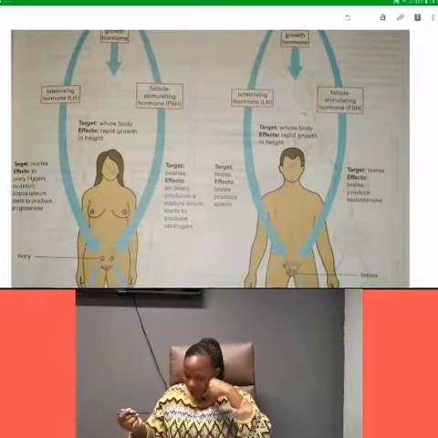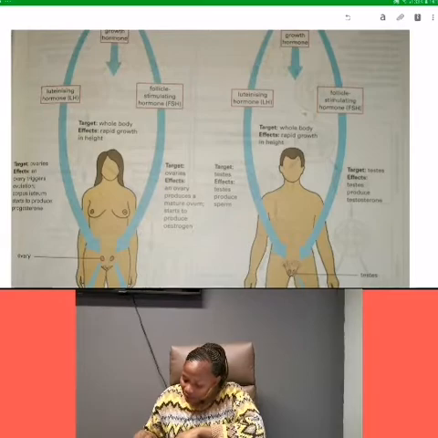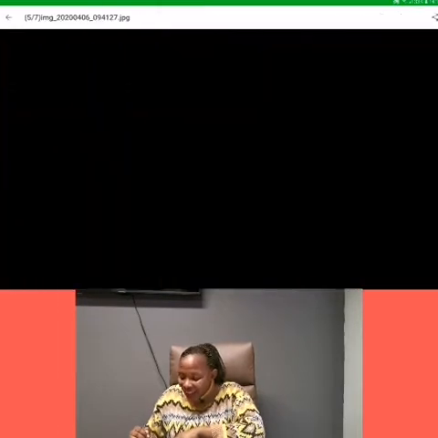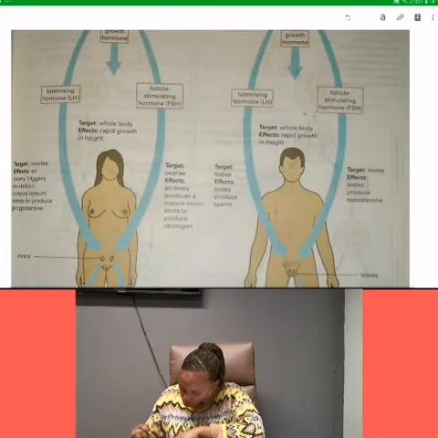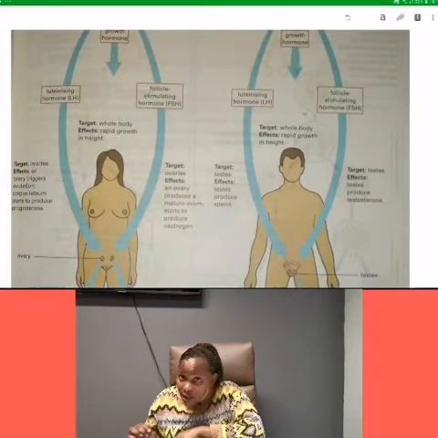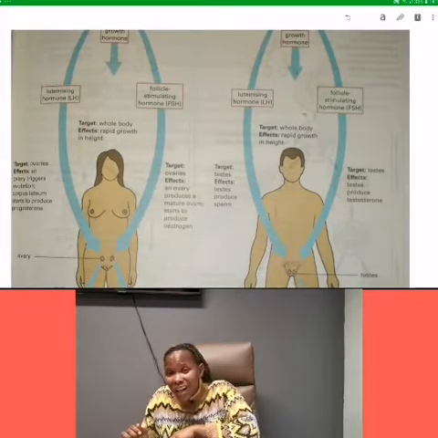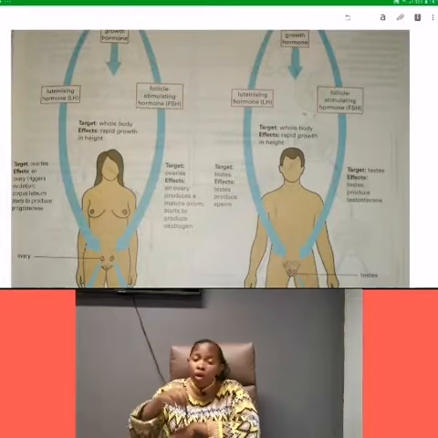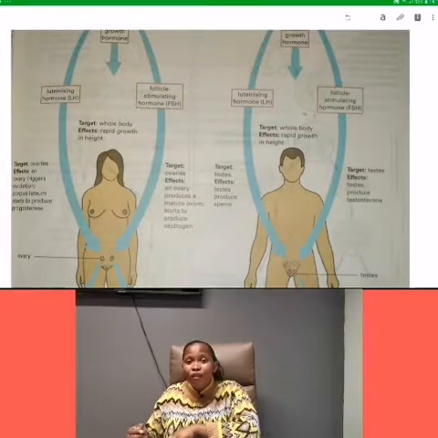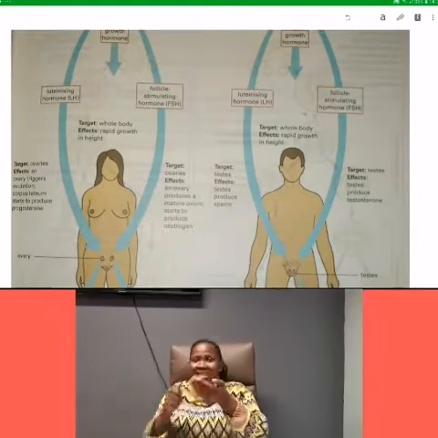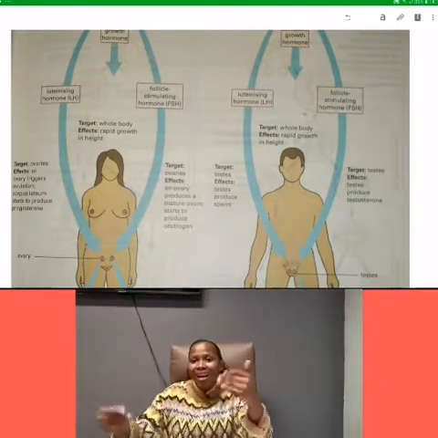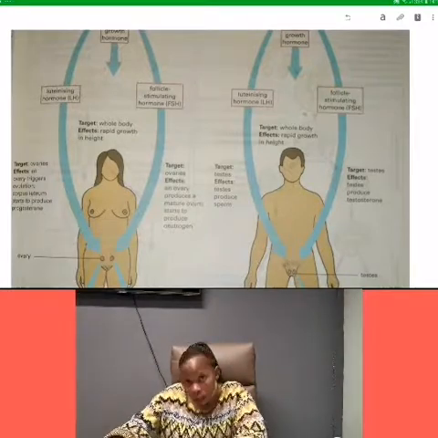Okay, so FSH is a hormone which also produces another hormone in a male body, and testosterone is a hormone which is responsible for producing what? For producing sperm.